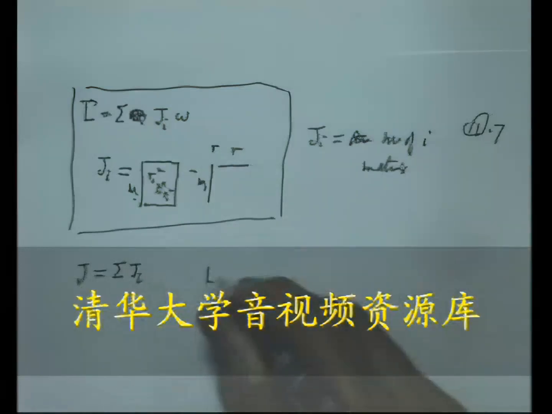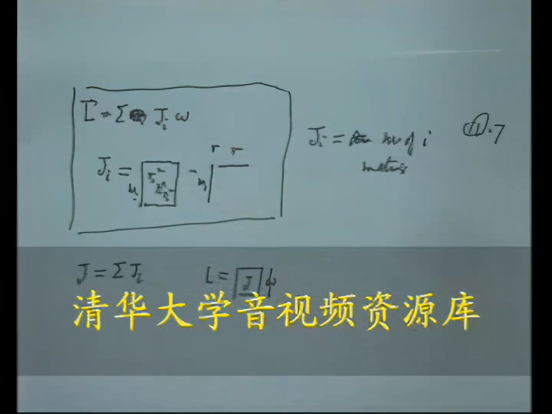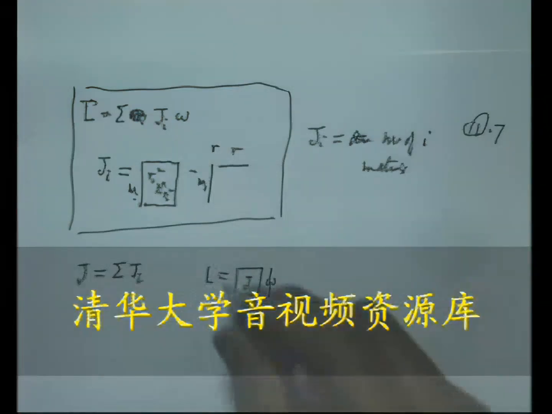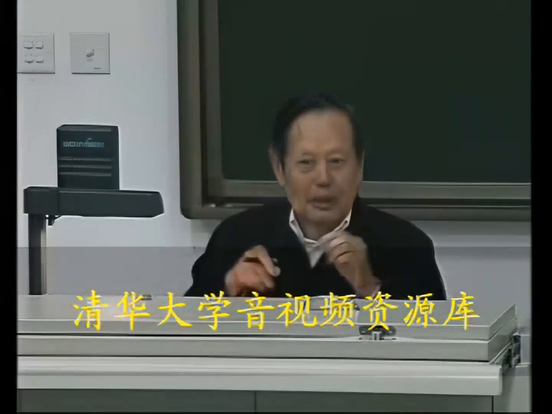And we can write L is equal to J omega. If I write L as a column, then it is equal to a 3 by 3 matrix, the moment of inertia matrix, multiplied by the column omega.